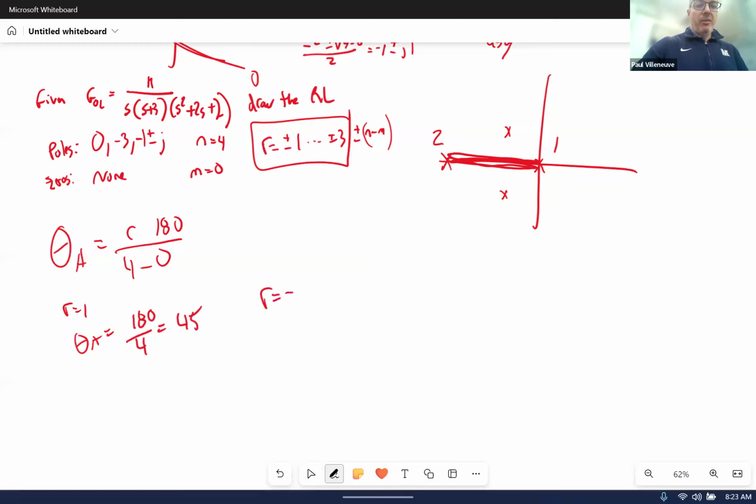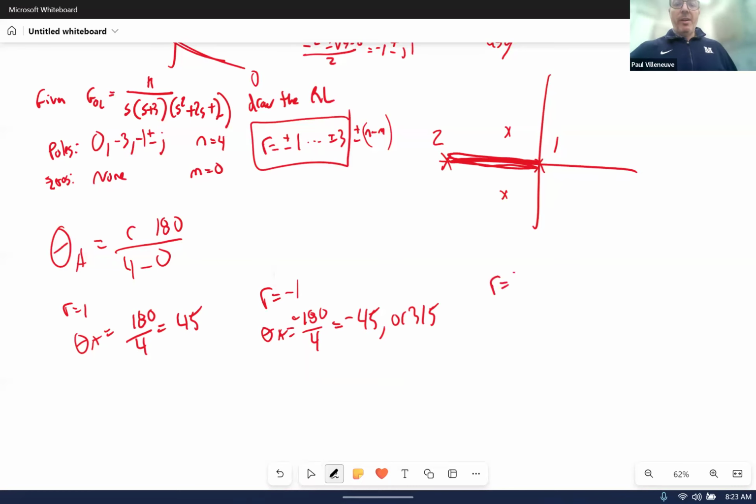For r equal to minus 1, theta A is going to be equal to minus 180 divided by 4, which is minus 45 degrees, or 315, right? Minus 45 is the same as 315.